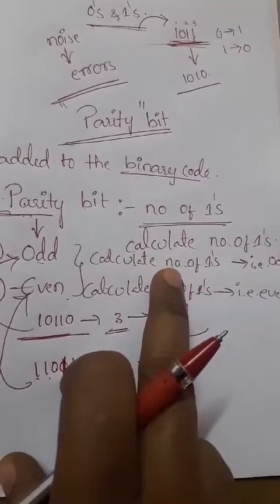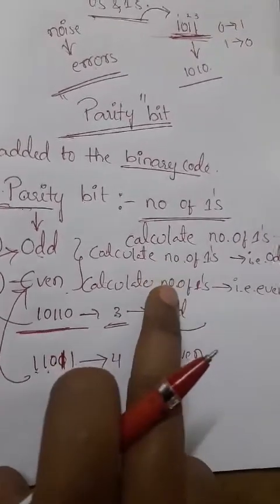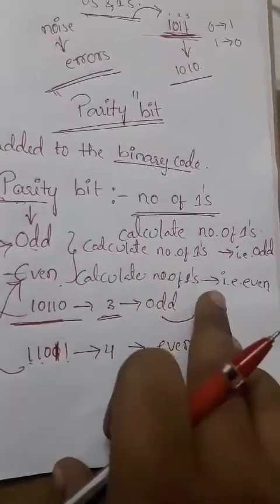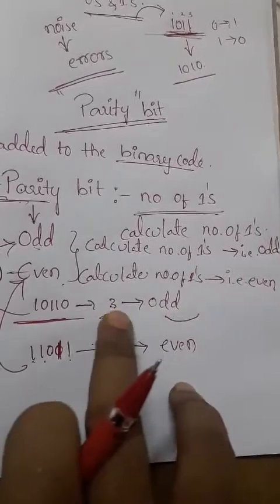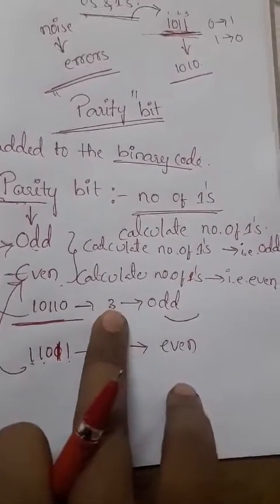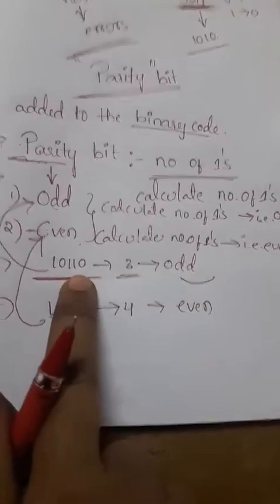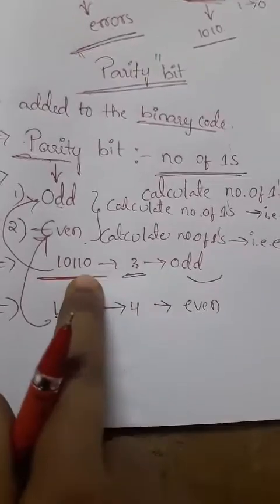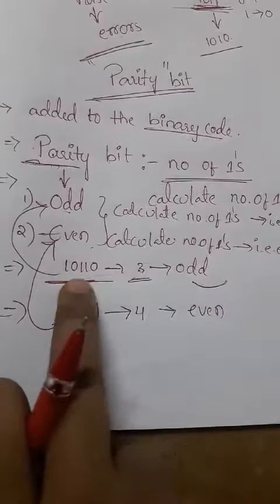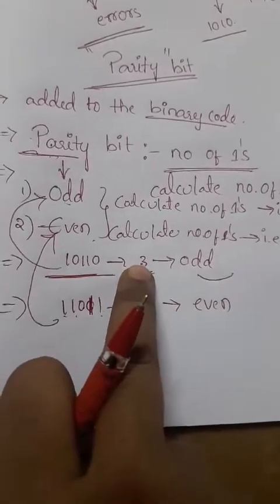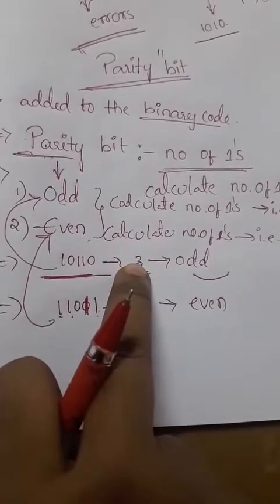Whatever ones are in that binary code, they must be an odd number. For example, I am taking a 5 digit code, that is 10110. This is said to be odd parity directly. Why? Because we have 3 ones, right?